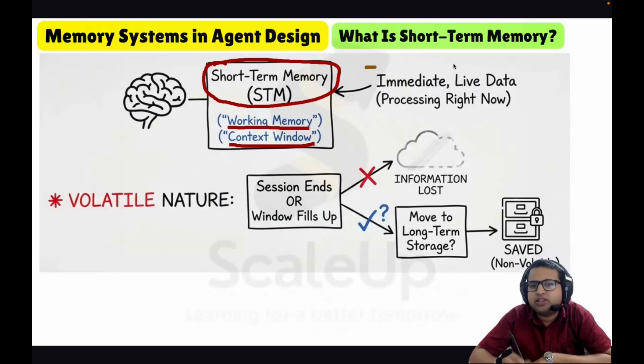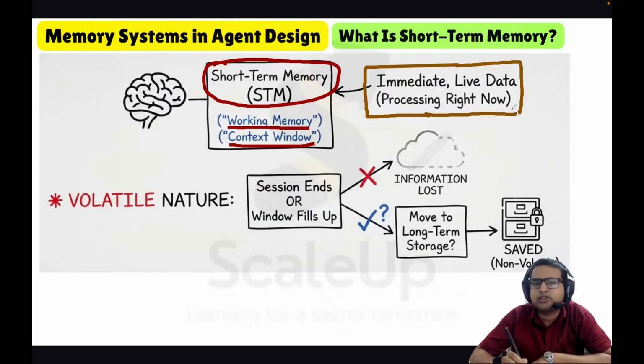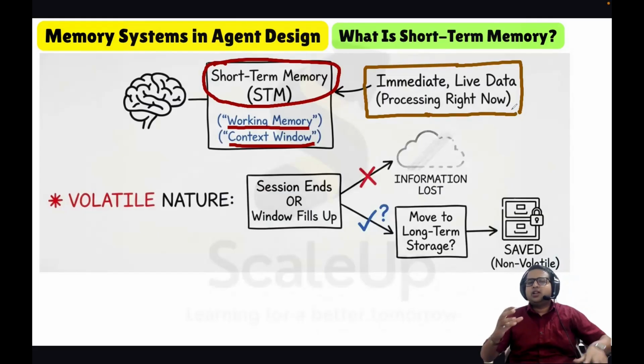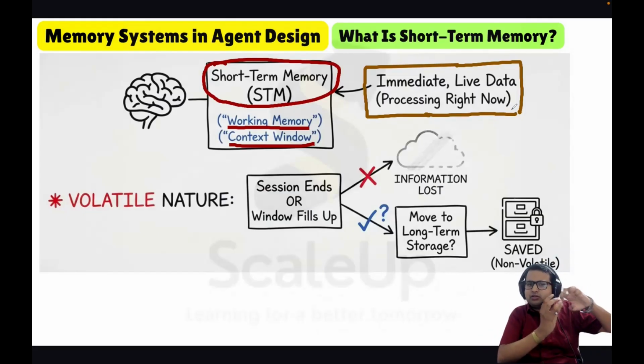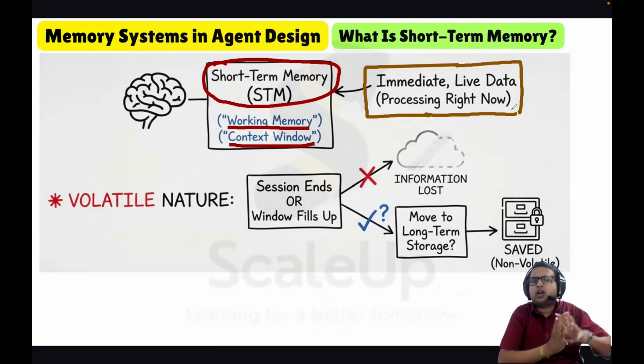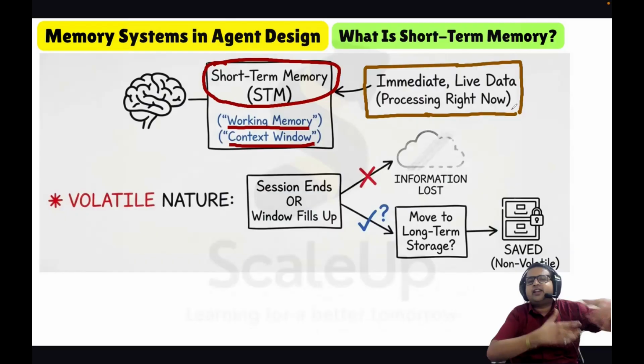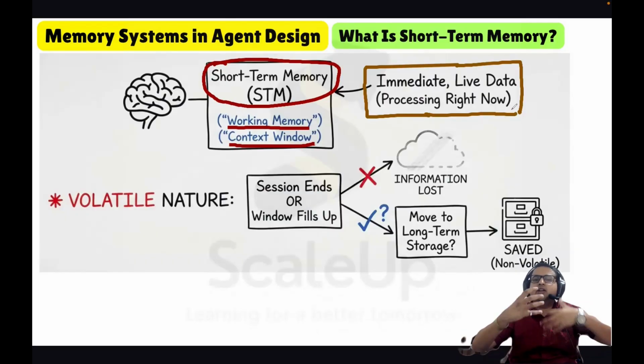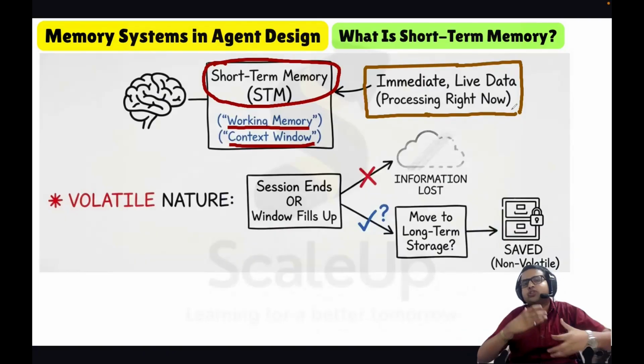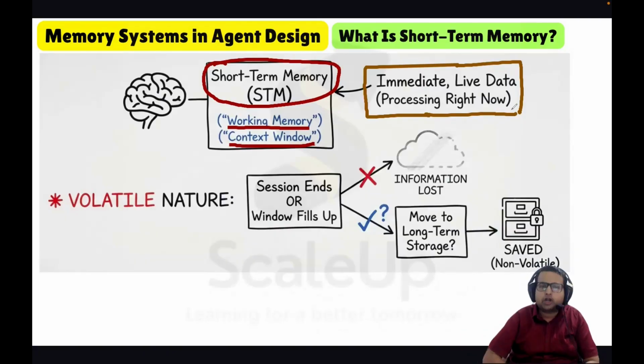As the name suggests, short-term memory means it will be storing information for a very short while. The immediate live data which the large language model is processing is the short-term memory.